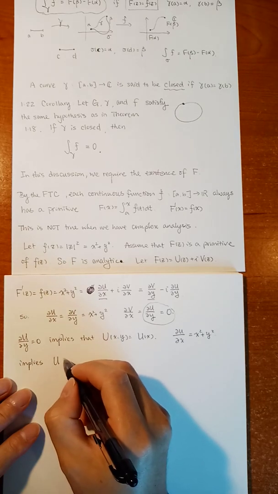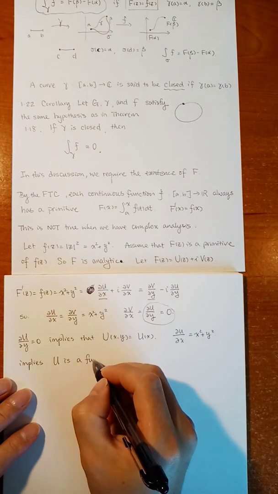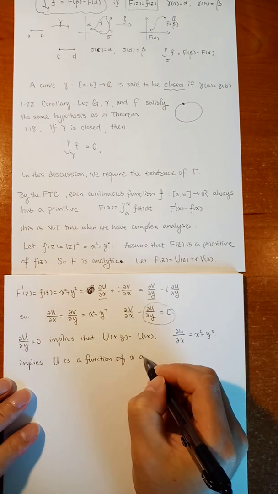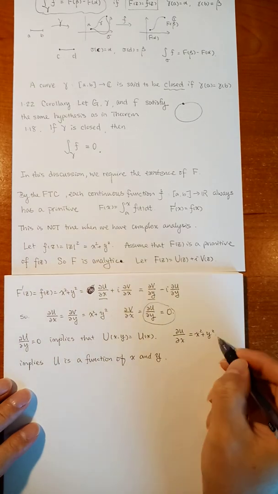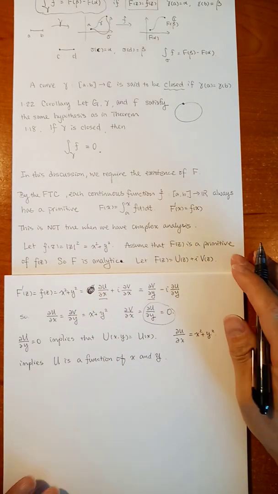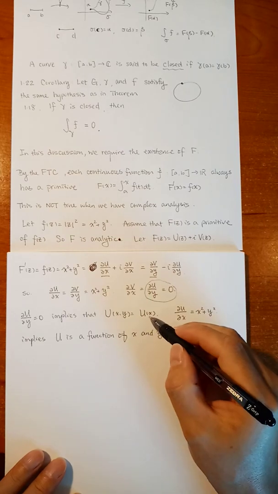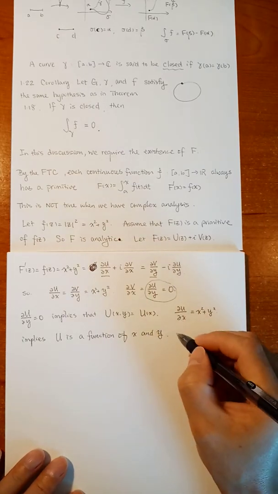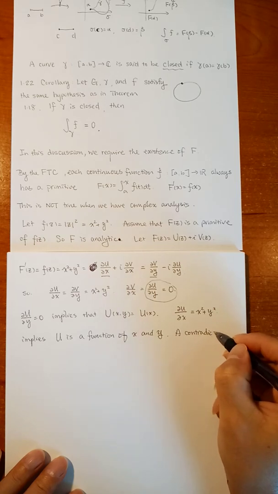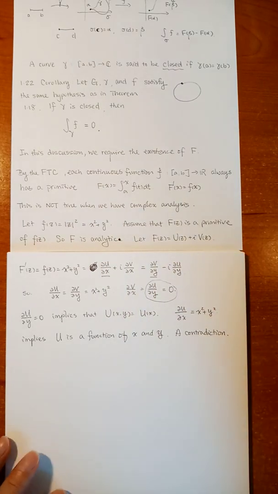u is a function of x and y. The derivative is a function of x and y. Of course, the antiderivative is a function of x and y. It depends on x and y. Here, it only depends on x, so this is a contradiction.